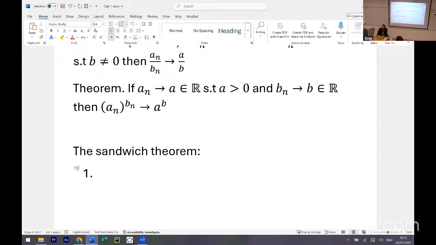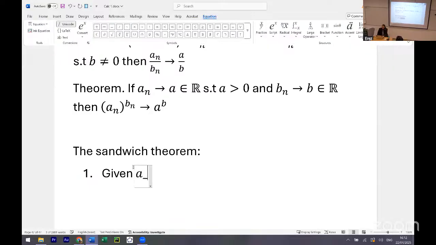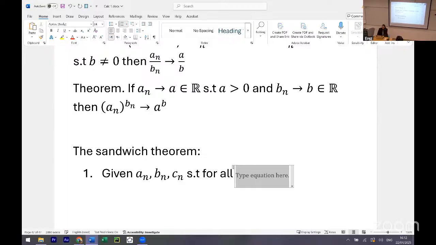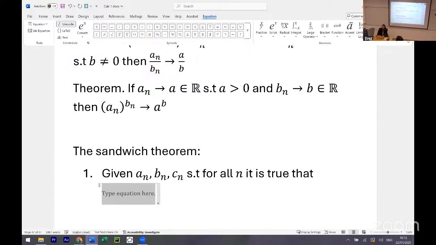One, given three sequences AN, BN, CN, such that for all N it is true that AN is smaller or equal to BN, which is smaller or equal to CN.